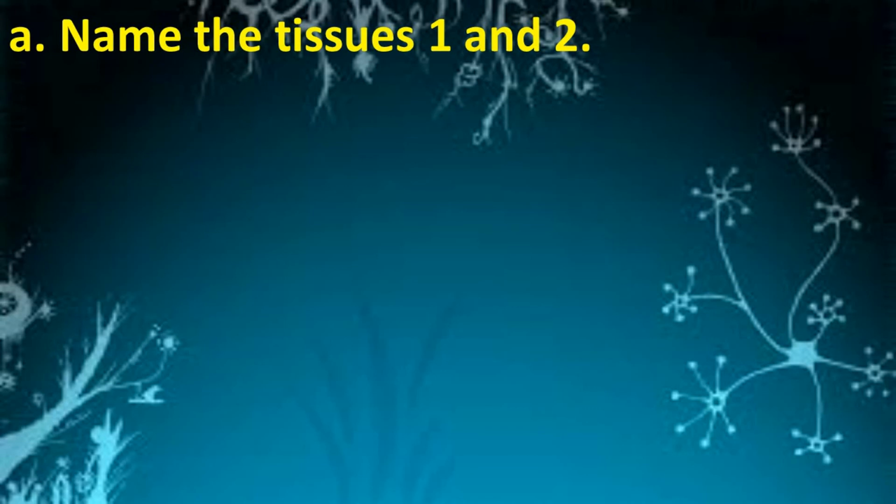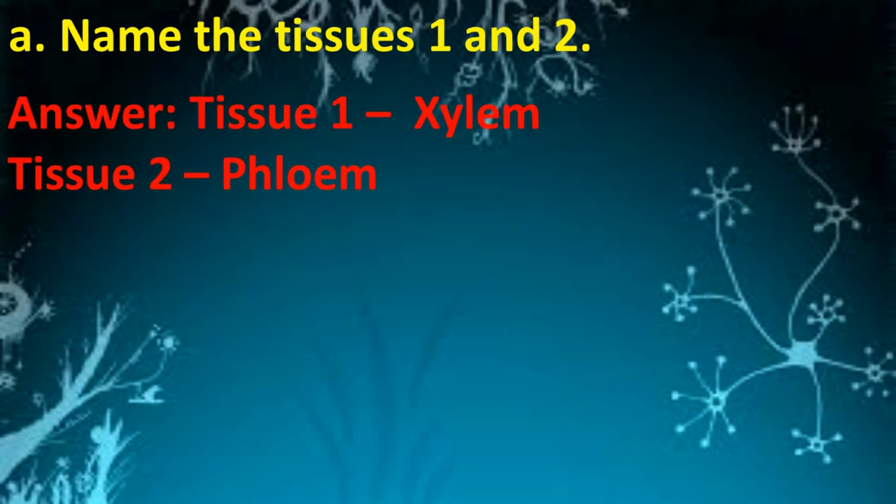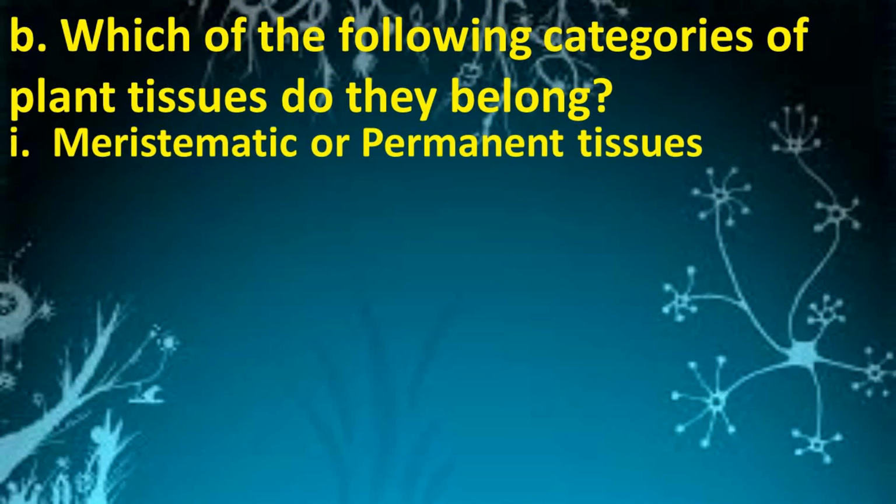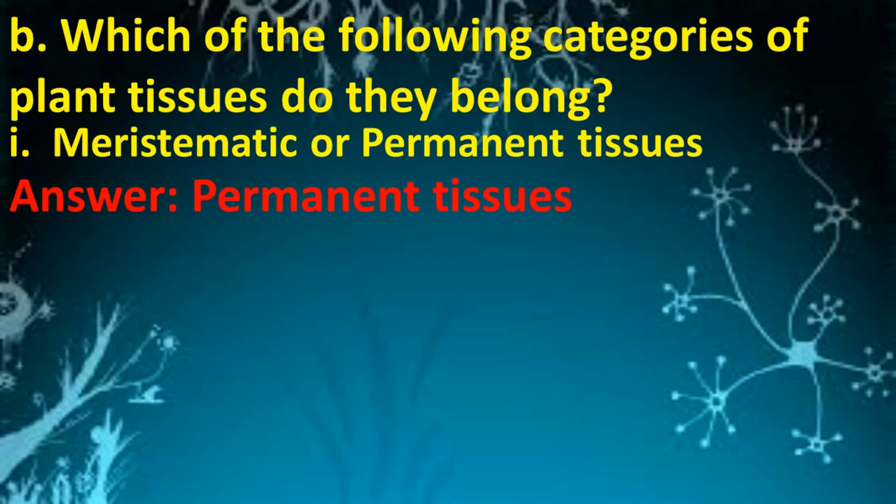Name the tissue 1 and 2. Tissue 1, xylem. Tissue 2, phloem. Which of the following categories of plant tissue do they belong? 1. Meristematic or permanent tissues. Answer: permanent tissue.